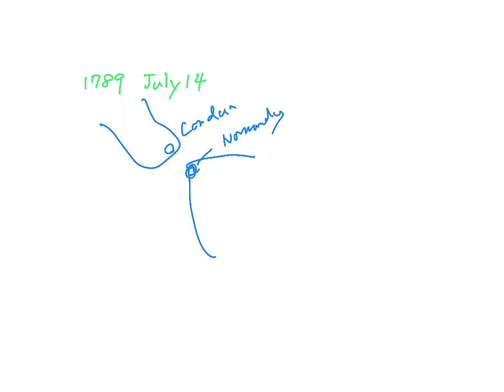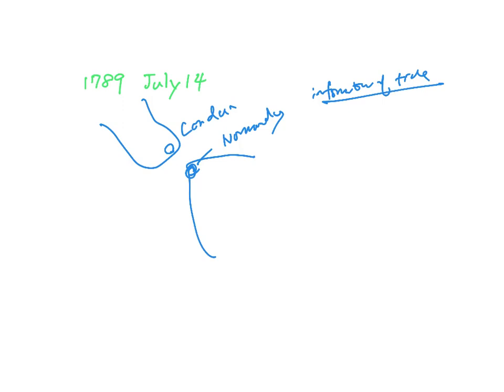So the English tried to send their naval ships to Normandy to land the troops. But in order to land troops, you have to know the tide. The information of the tide is very important. And you know that tide is related to Newton's gravitational law.